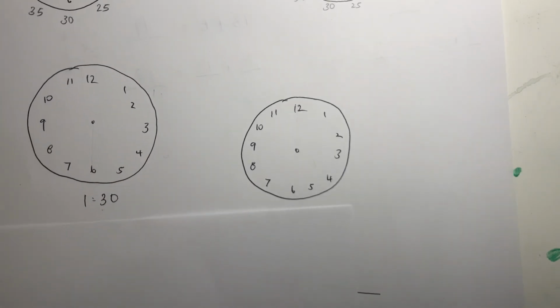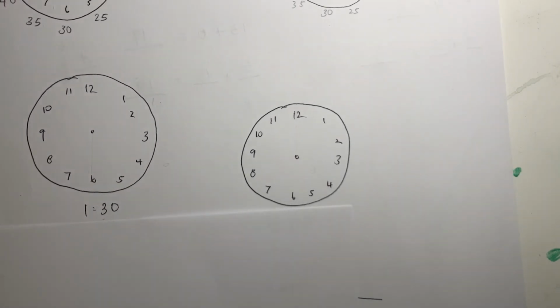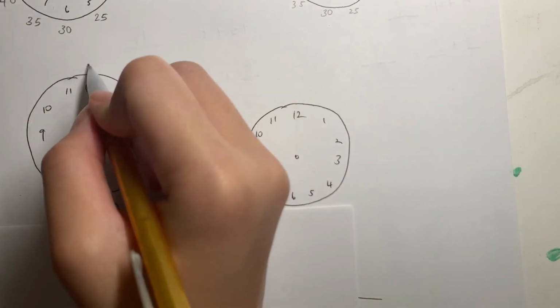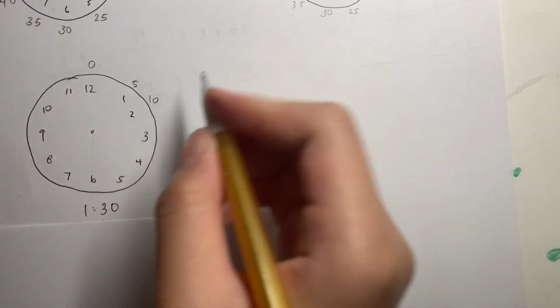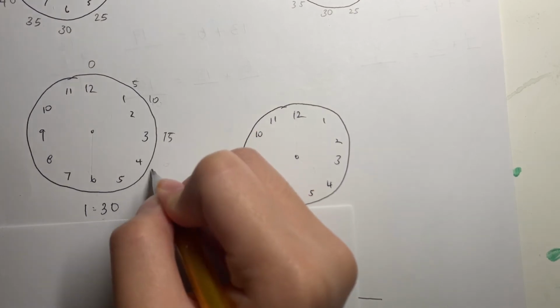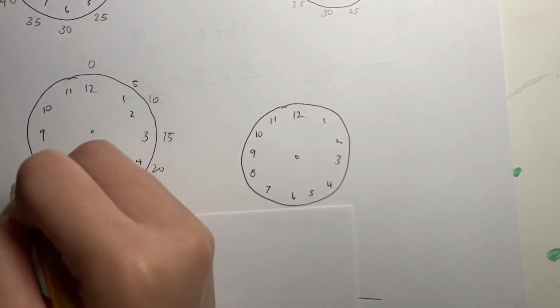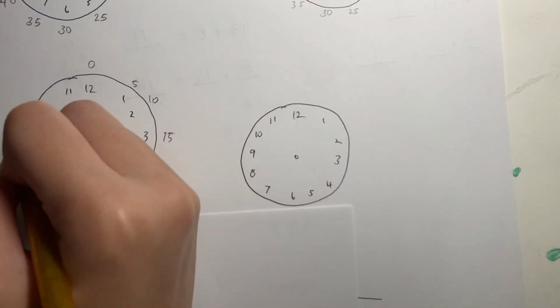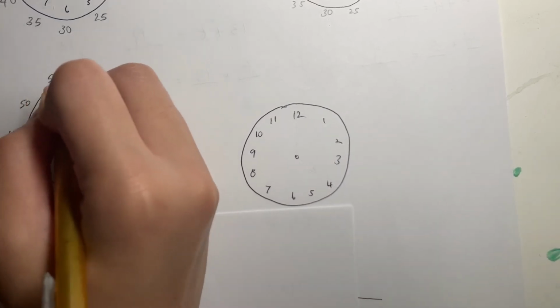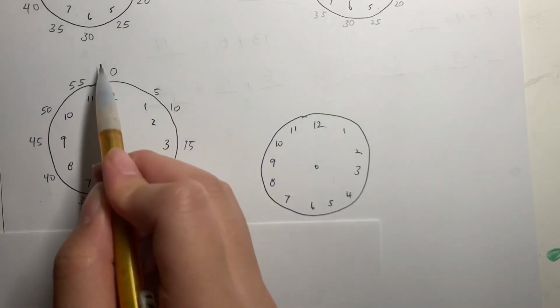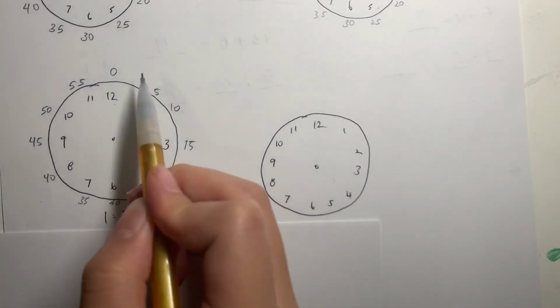Now we'll be drawing the times on the clocks. So we have 1:30 here. We'll do what we did here by doing the minute value by going by 5s. Always start at 12 with a 0, and then that's when we're going to add 5.